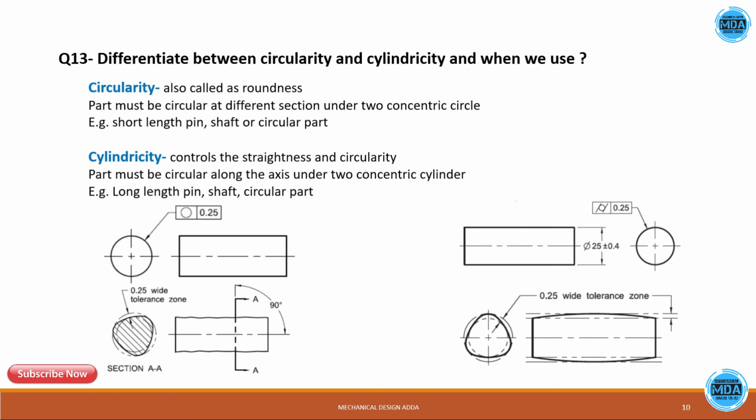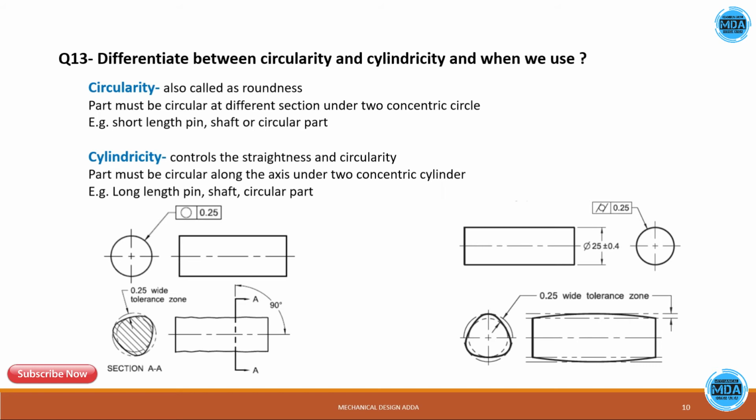For cylindricity, we measure circularity along the axis. That means in cylindricity we are measuring the straightness and the circularity, so it is a cylindrical measurement. Circularity forms a two concentric circle tolerance zone and cylindricity forms a two concentric cylinder tolerance zone.